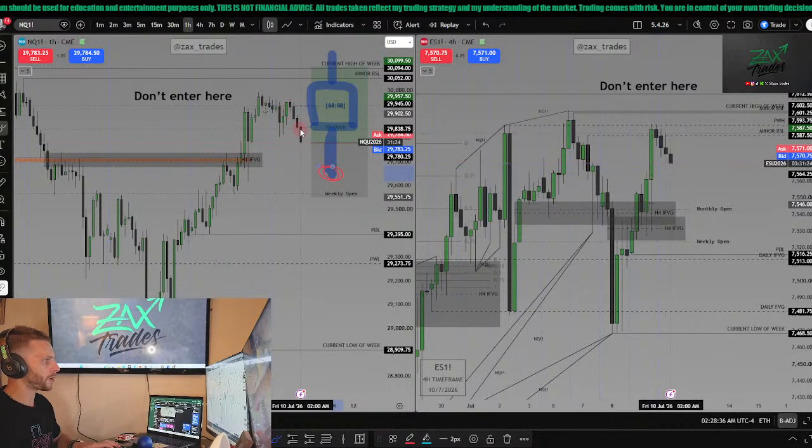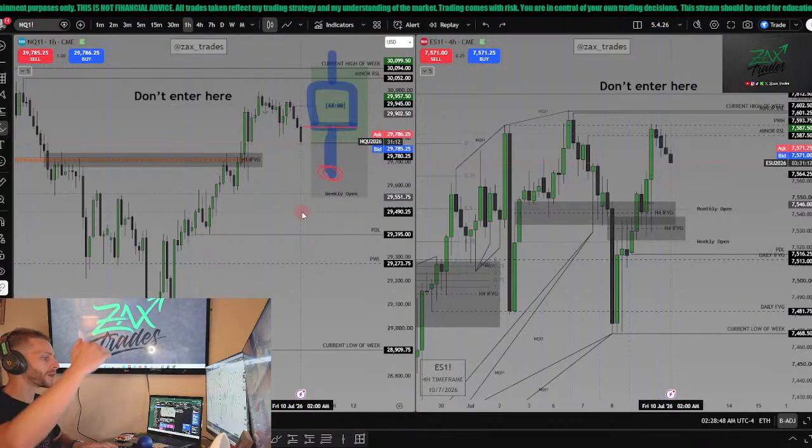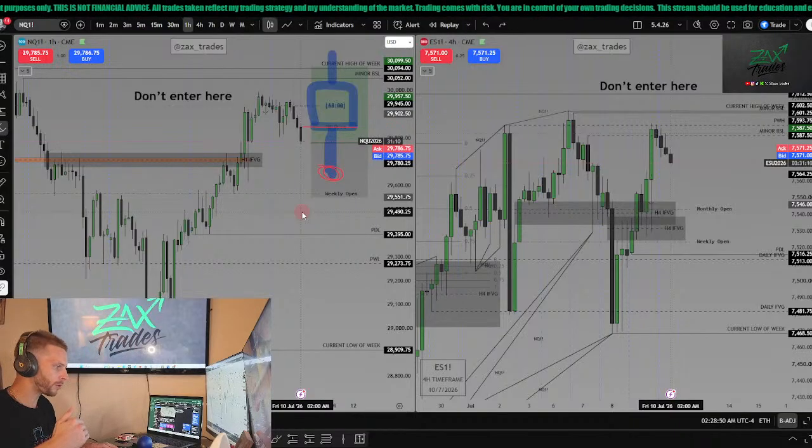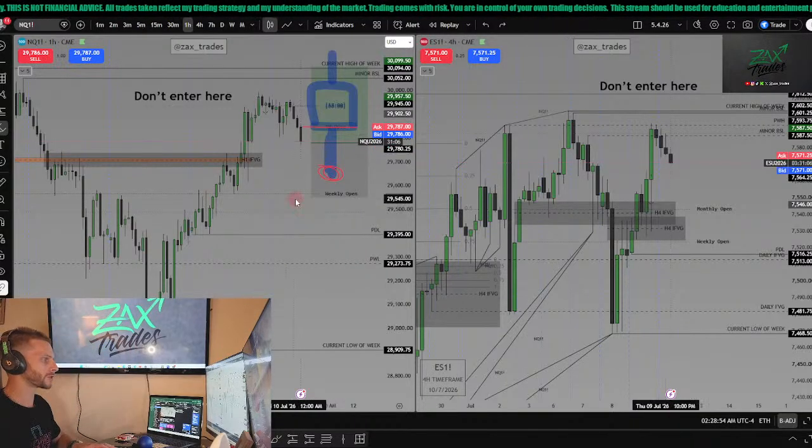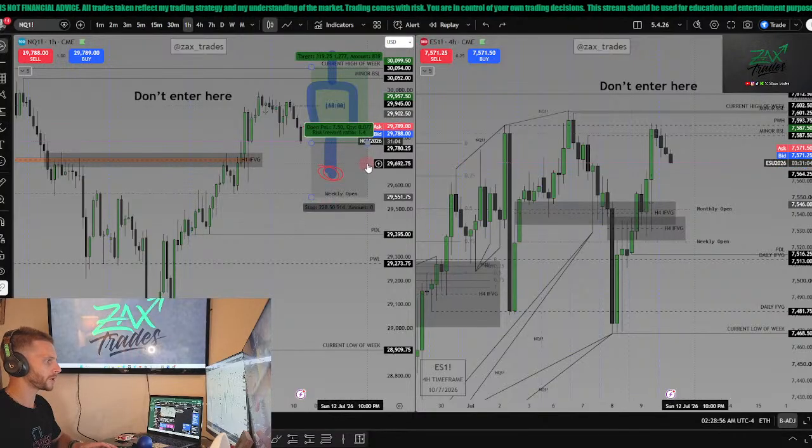When I see price open the 4-hour here, I want to see something impulsive. And what is that impulsivity showing me? It's showing me that they are liquidating people out of the market and it's gearing up to send it in the opposite direction, the manipulation side of the wheel.